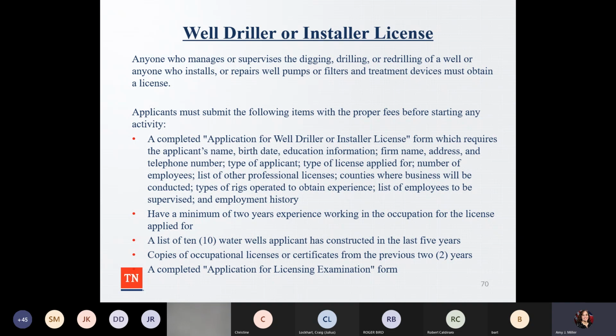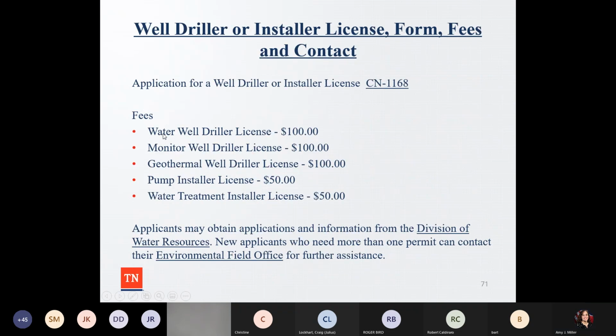Make sure that you have your 2 years of experience, a list of some of the water wells that you've constructed in the last 5 years, and your licenses and certificates from the last 2 years. So again, if someone wants to do this, there's a form, the CN-1168. There are various fees here. And then they can go through the Division of Water Resources and the Environmental Field Office.